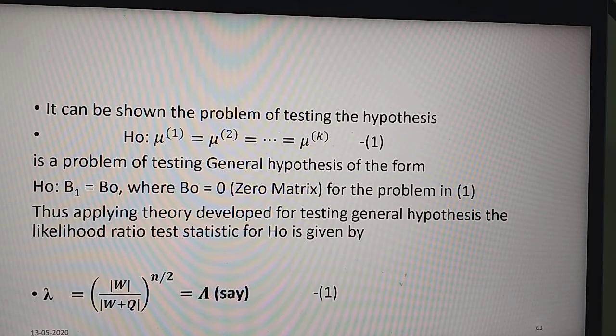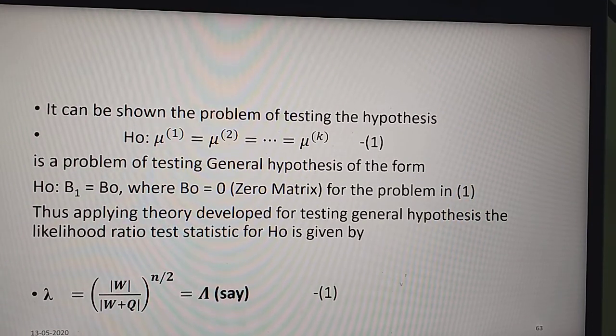So applying the theory developed for testing the general linear hypothesis, the likelihood ratio test statistic for H0 is given by lambda, which we have derived. That is, determinant W by determinant W plus Q, to the power n by 2.